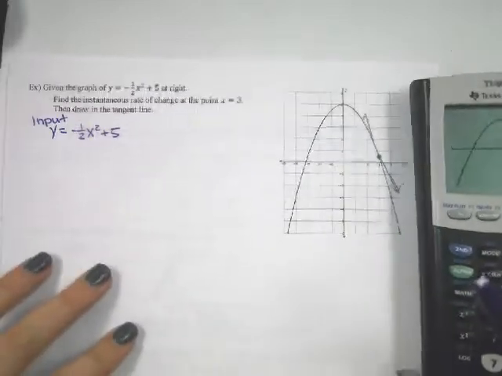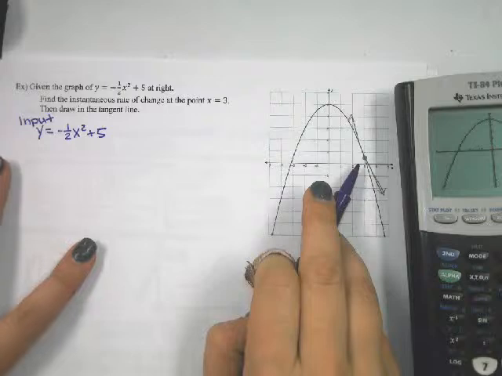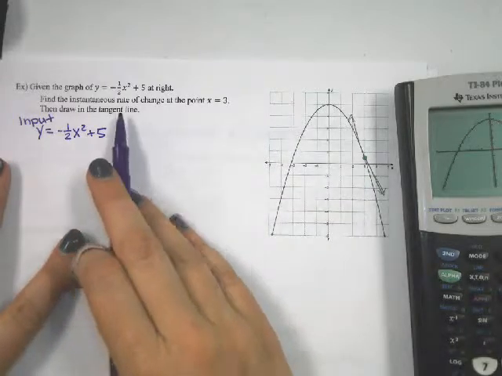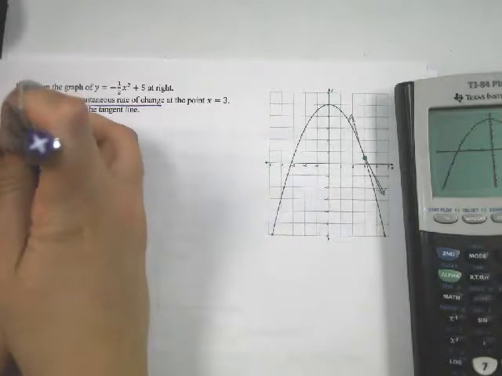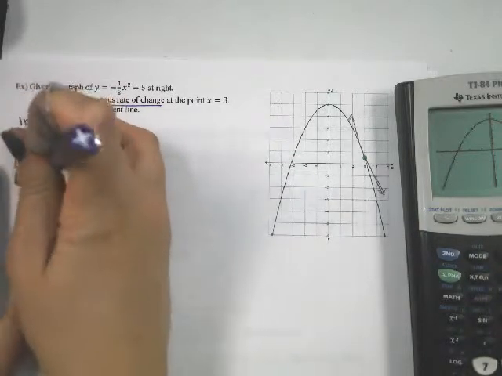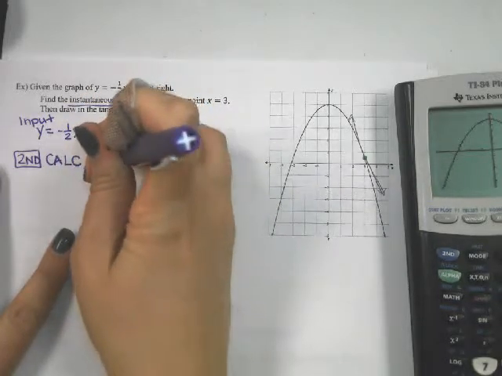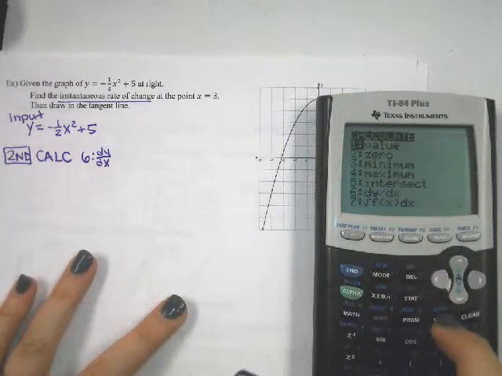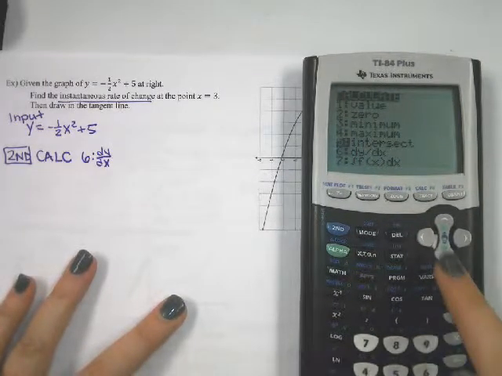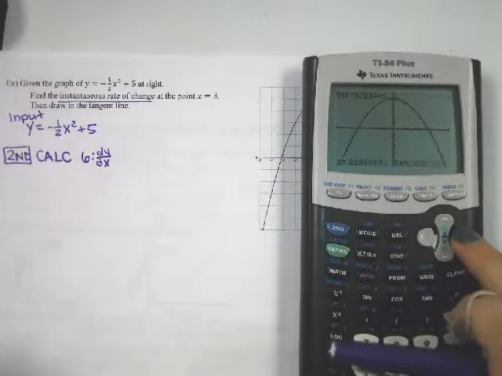I need to find the slope of the tangent line at x equals 3. I want the instantaneous rate of change. So we're going to press second, calculate, number 6, which is dy over dx. This is where you can trace to find your point.